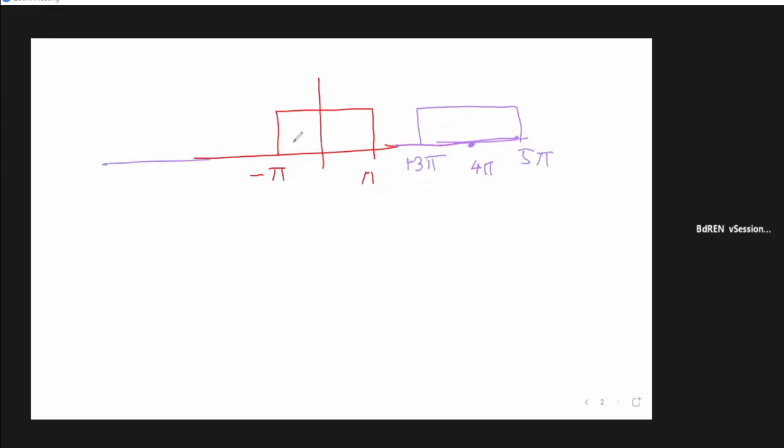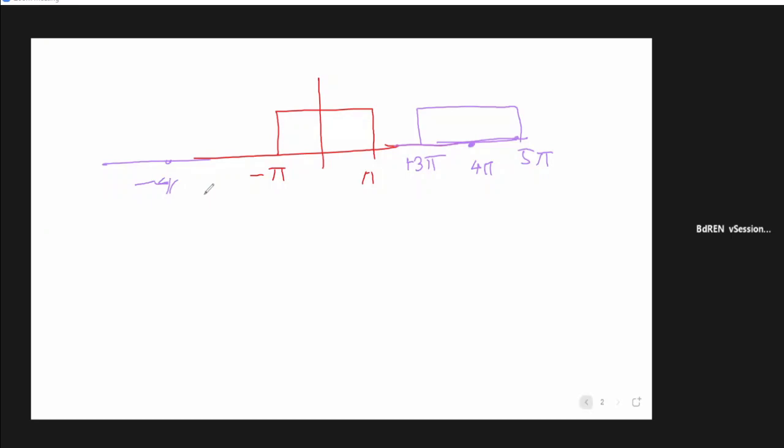Similarly, this signal is shifted here to minus 4 pi. Actually, it was cos 4 pi t, not 40, okay?